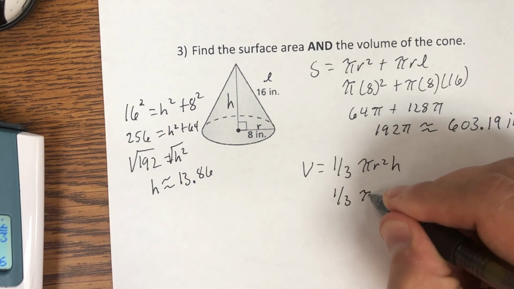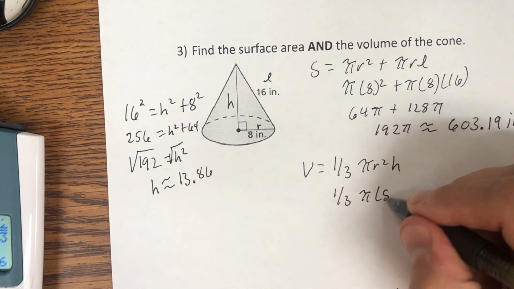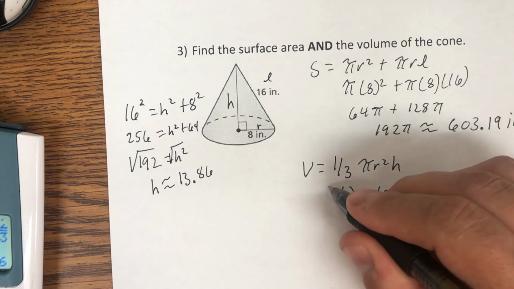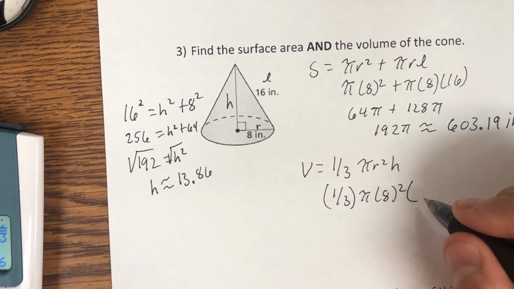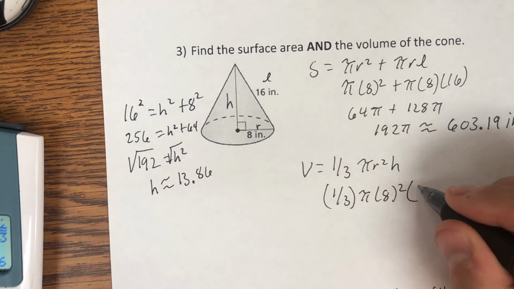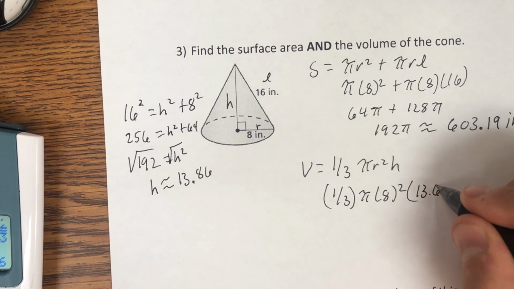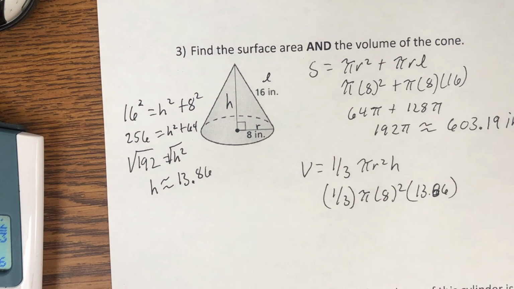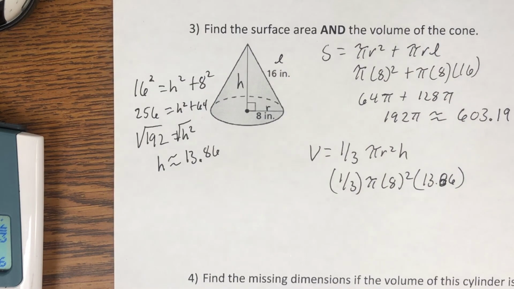1/3 pi times the radius, which is 8 squared in parentheses, height is 13.86. Oops, 8, 6, there we go. And type it in just as it reads.